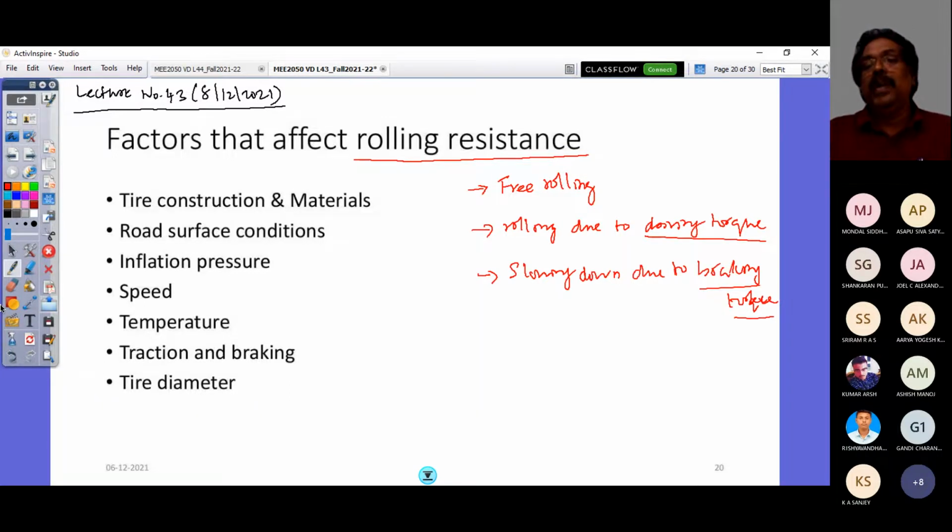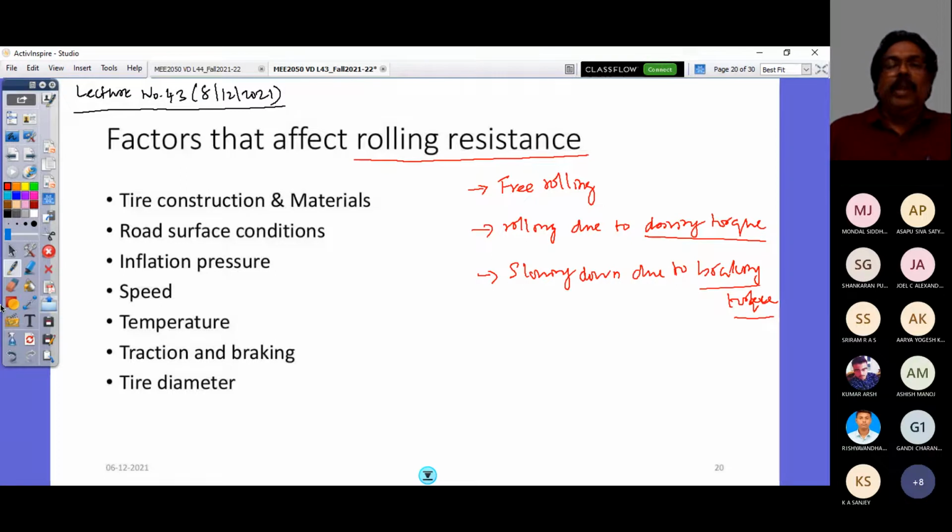Then your vehicle rolls back. That is a situation where you have neither braking torque nor driving torque. On a perfectly level road with no slope, even if someone touches the vehicle, it would move if it is not engaged in any gear. It is in neutral and no handbrake is applied. That rolling is free rolling.